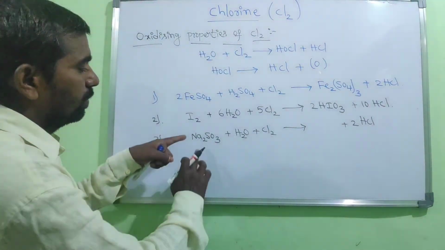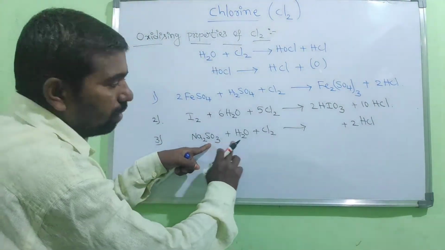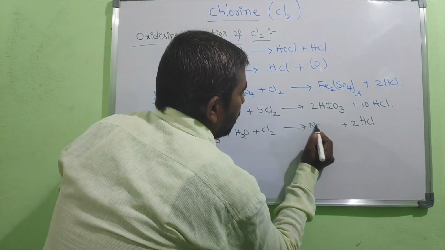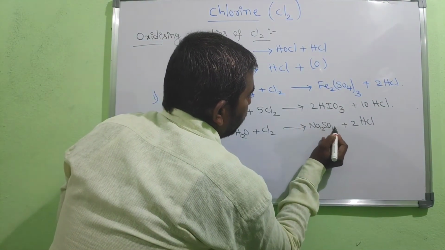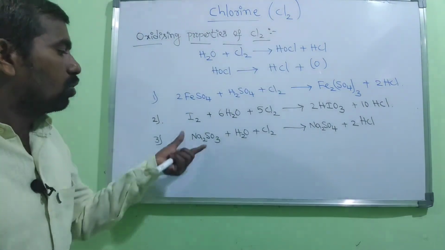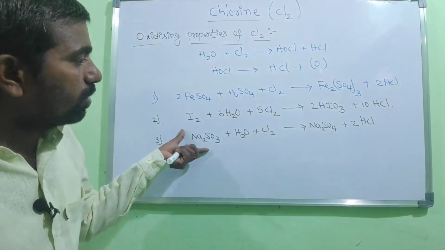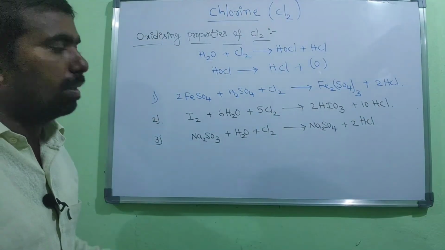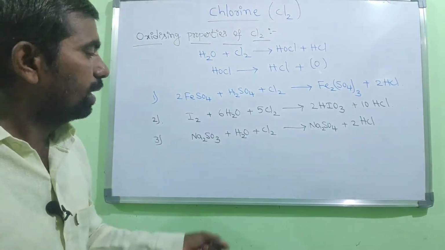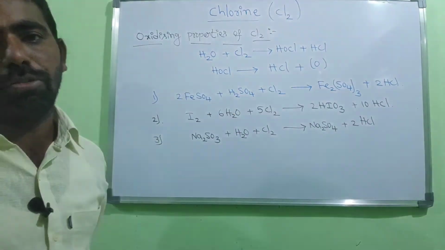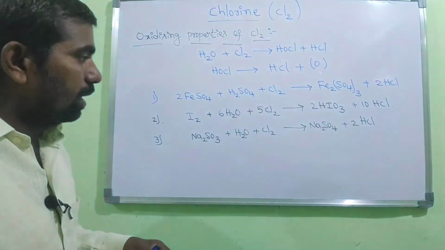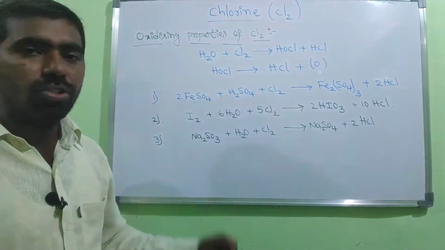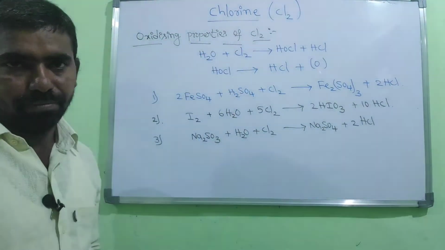And next, SO3 is there, only one oxygen combines with this one, forming sodium sulfate. Sodium sulfite is oxidized into sodium sulfate by chlorine in the presence of water molecules. Okay, so these are some of the oxidation reactions of chlorine.